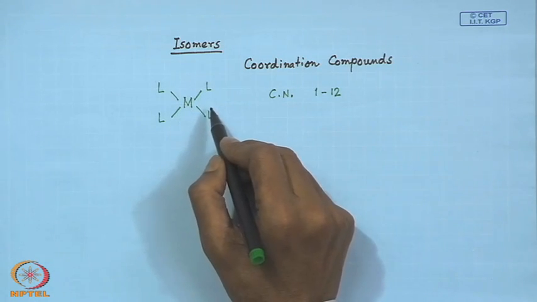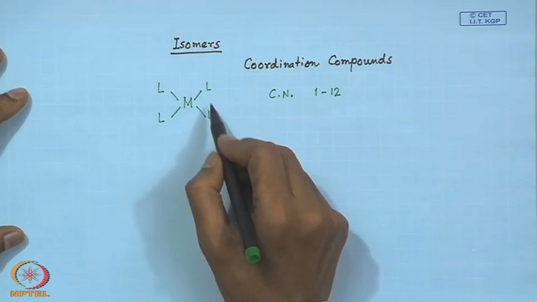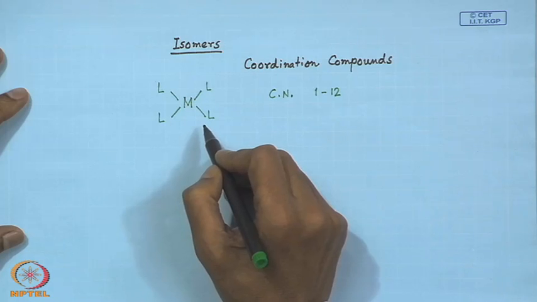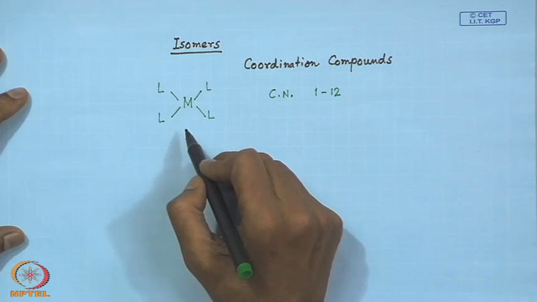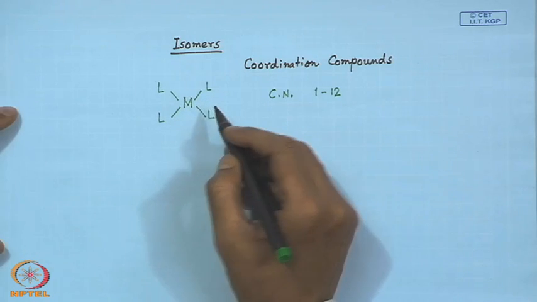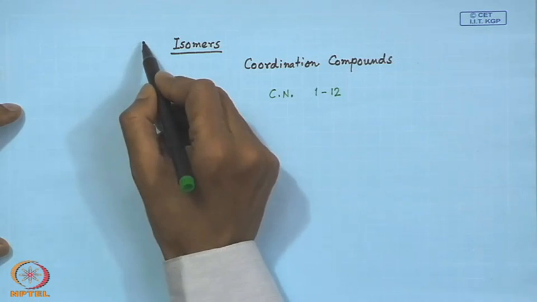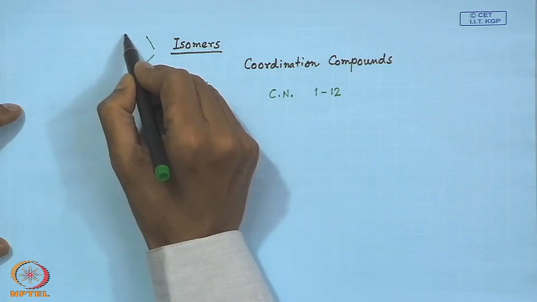So, now we will see what type of arrangements we can have if, within the same chemical formula or same chemical composition, we can have different spatial positioning of the different ligand system that gives rise to one particular isomer, and in a different arrangement we can have a separate isomer.